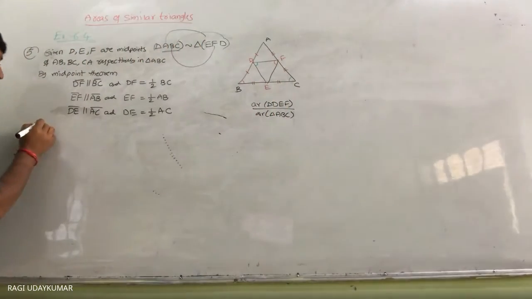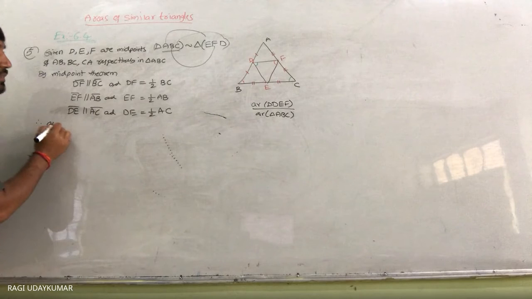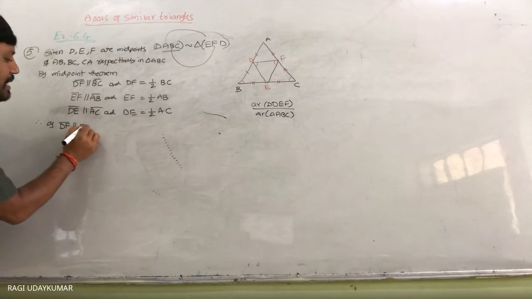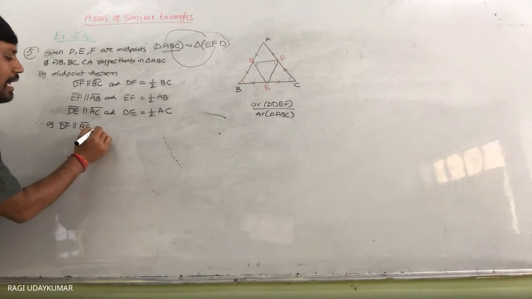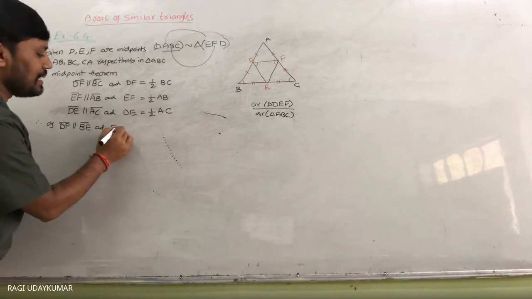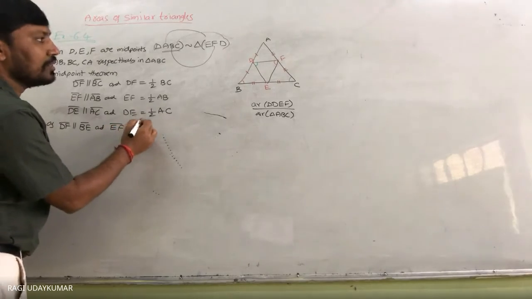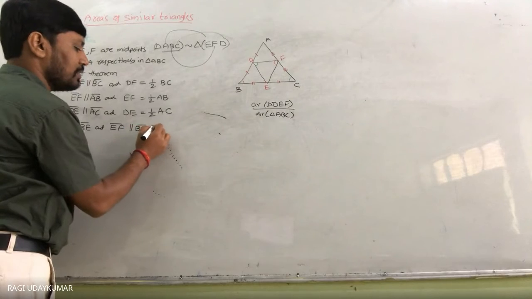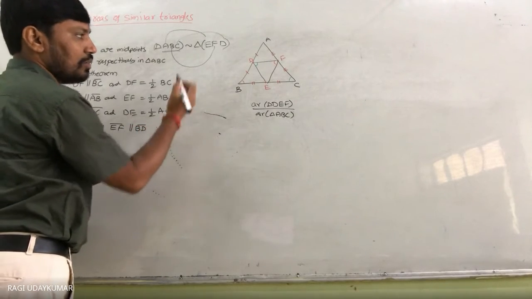Therefore, you can say that BF is parallel to BE and EF is parallel to AB actually, but I am writing BD. BD. Therefore, what you can say?